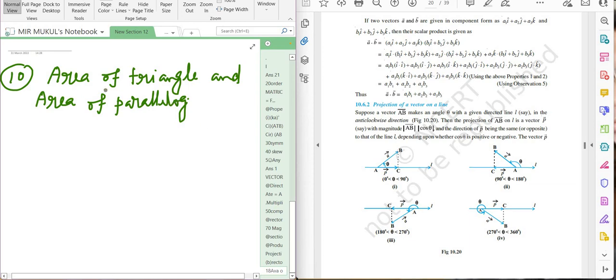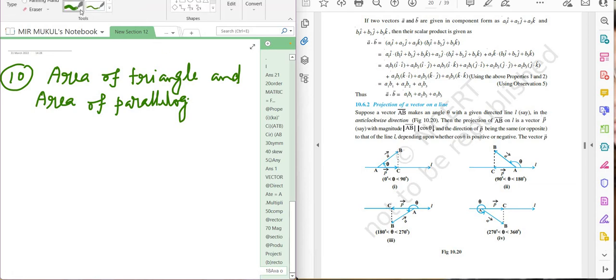Area of parallelogram is not required; if you do the triangle, then you can find the area of the parallelogram. I'm not showing this.